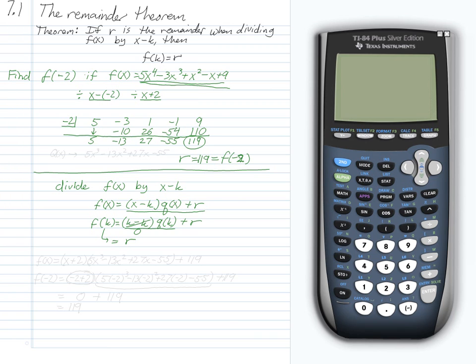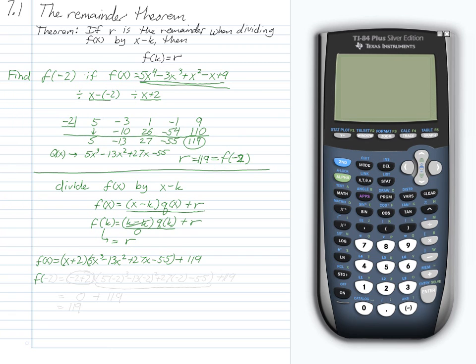In the case of the example we just looked at, our polynomial, f of x, 5x to the fourth minus 3x cubed plus x squared minus x plus 9, once we perform synthetic division, could be written as x plus 2 times the quotient. Now I see my quotient is 5x cubed minus 13x squared plus 27x minus 55, plus my remainder, 119.